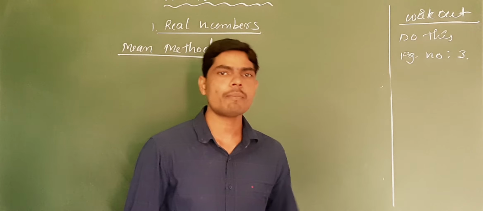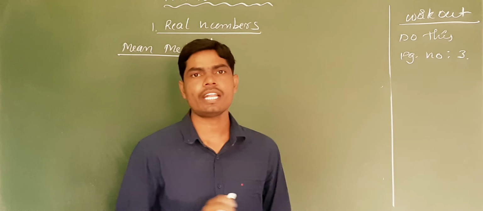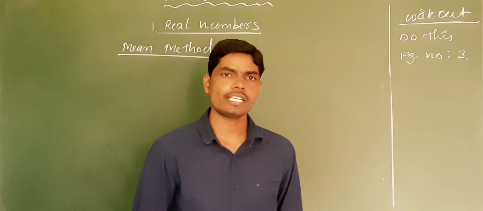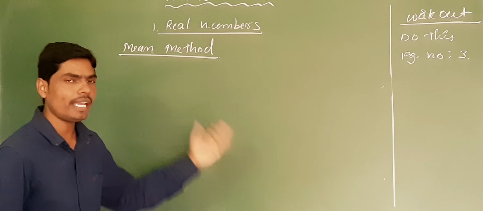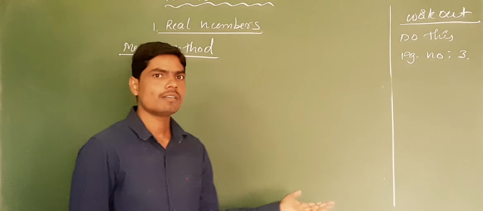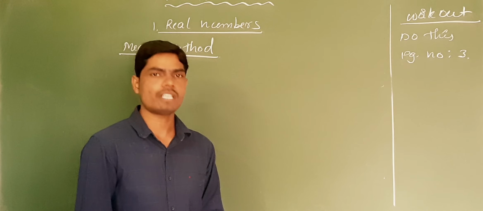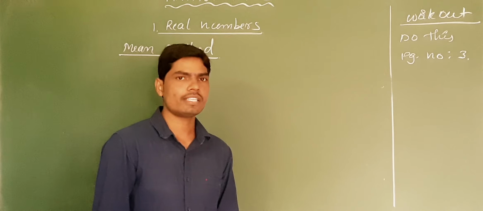Here is another method to find in between rational numbers for the given rational numbers. That is the mean method. Mean is nothing but the sum of the observations by the number of observations. This we have learned in 7th class.